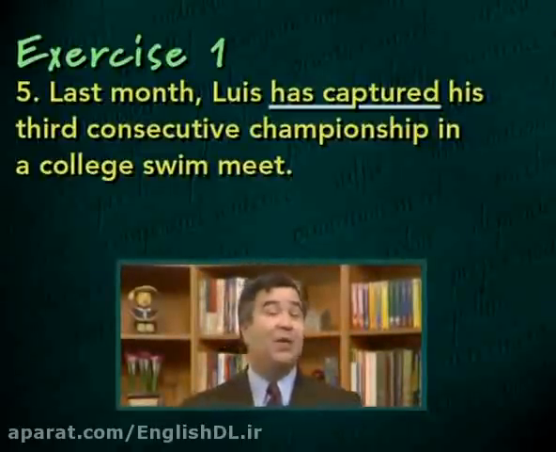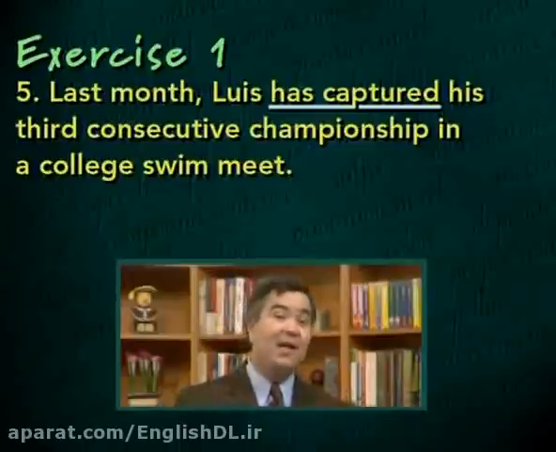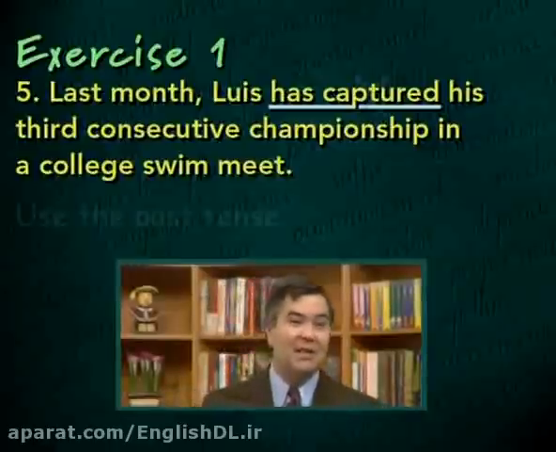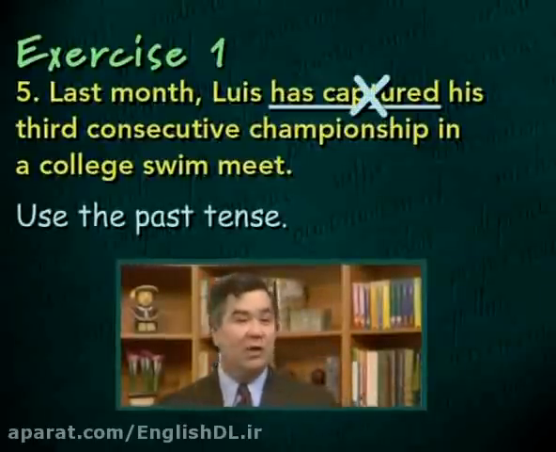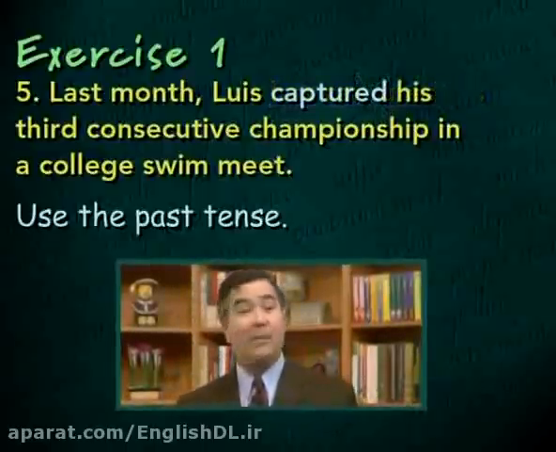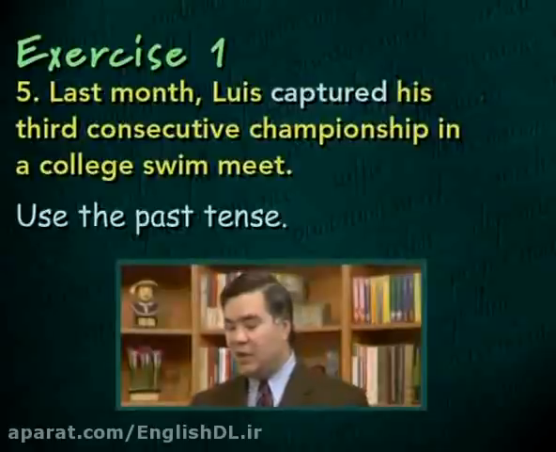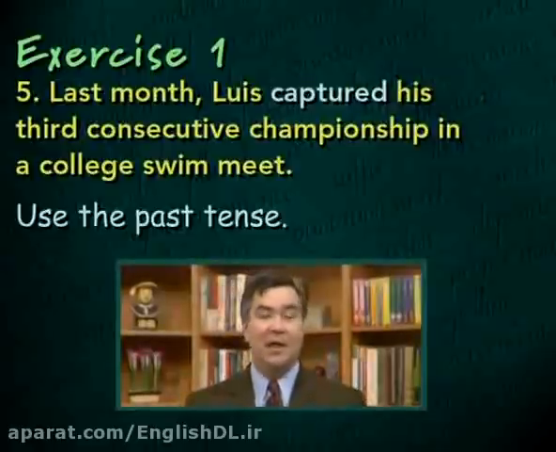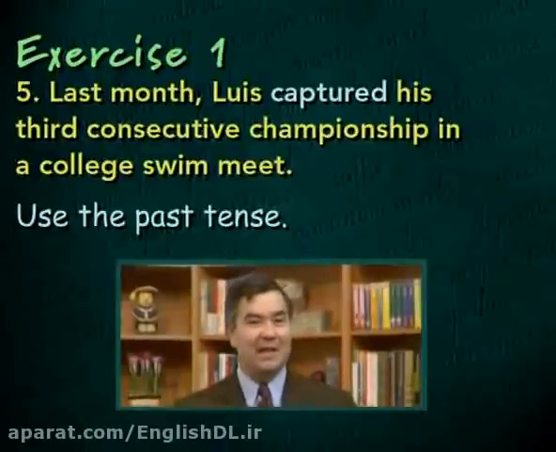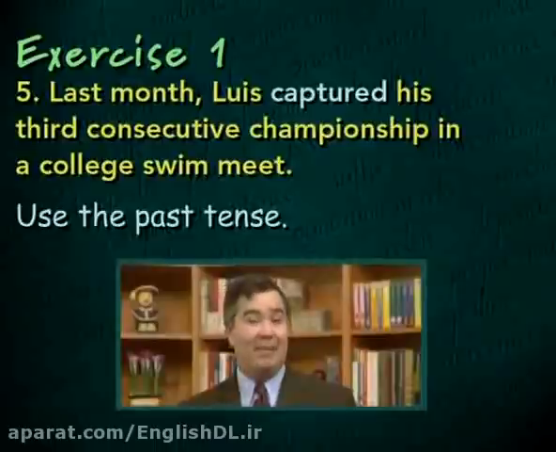Therefore, this is simply a past action, not the kind of action that should be described in the present perfect tense. Instead of the present perfect tense, the simple past tense ought to be used. So the sentence should read, last month, Luis captured his 3rd consecutive championship in a college swim meet. Because the event took place in the past and was completed in the past, the simple past tense ought to be used, and that would be captured.